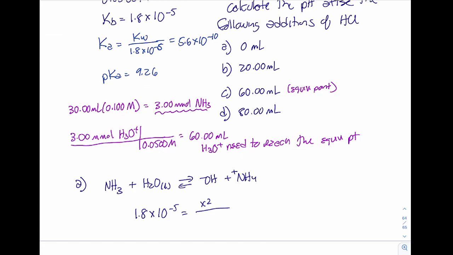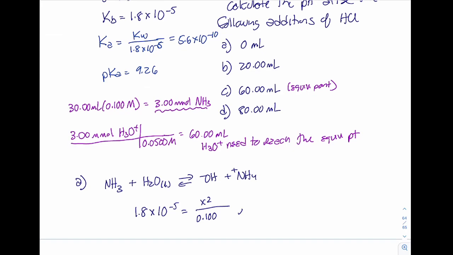Because my Kb is small, my concentration of ammonia is actually 0.100 molar minus x, but we can ignore that minus x because that Kb is small. I'm going to solve for x, which again is my hydroxide ion concentration. My base dissociation equilibrium equation produces hydroxide ions. I might have said that backwards.